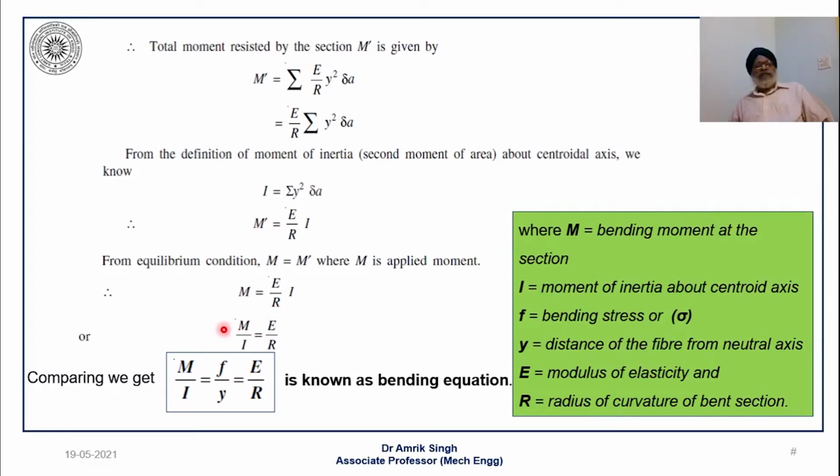So from here we have M upon I is equal to E upon r. If we combine the two relations, we get M upon I is equal to sigma or f upon y is equal to E upon r, which is known as the bending equation, where M is the bending moment at the section, I is the moment of inertia about the centroidal axis, f or sigma is the bending stress, y is the distance of the fiber from the neutral axis where we want to calculate the stress, E is the modulus of elasticity of the material of the beam, and r is the radius of curvature of the bent section.